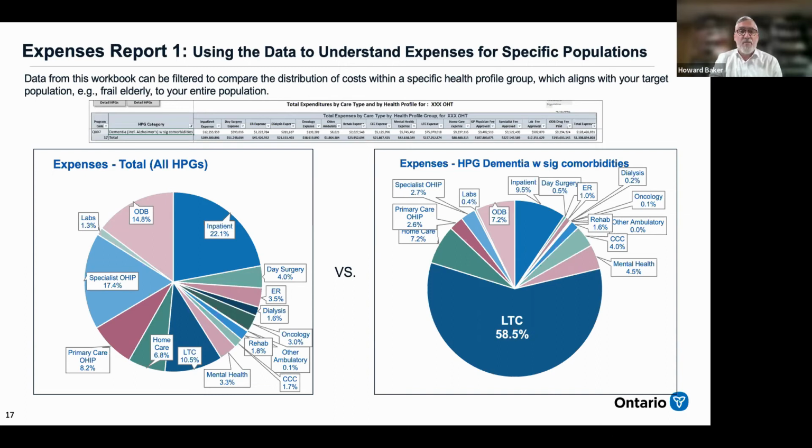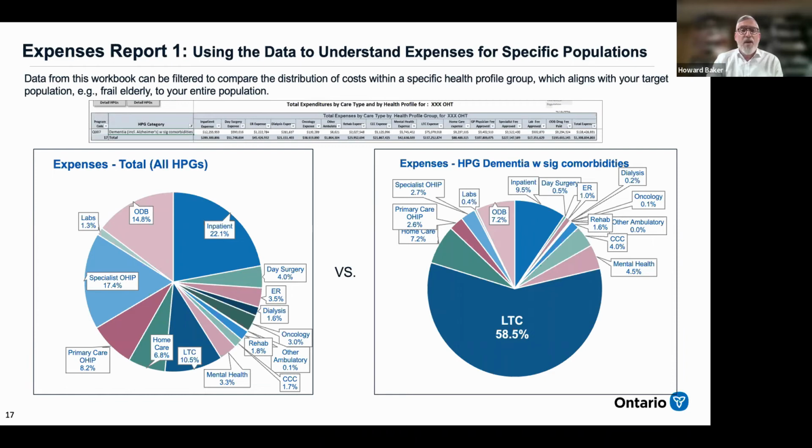As I mentioned, some of the health conditions can be hidden when you focus on a specific HPG at a time. For example, opioid use disorder could be hidden from the data if a person who uses opioids or misuses opioids also happens to have diabetes.